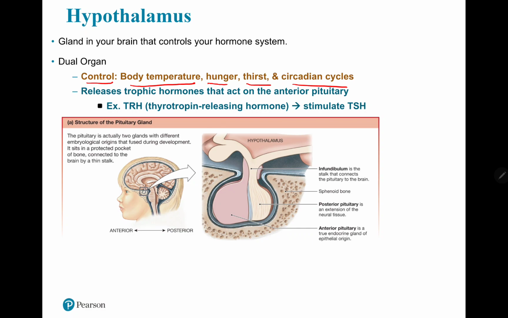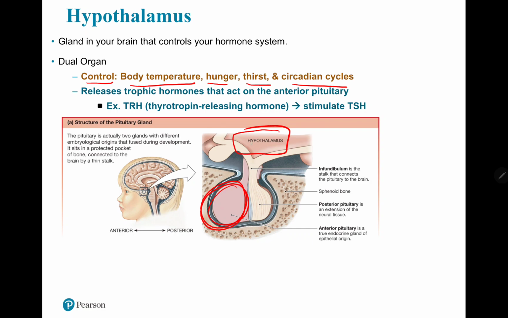Now, it also has endocrine activity. One of its endocrine activities is that it releases regulatory hormones, or trophic hormones. Those trophic hormones act on the anterior pituitary gland that sits right underneath it. So this is the hypothalamus, and this is the anterior pituitary.